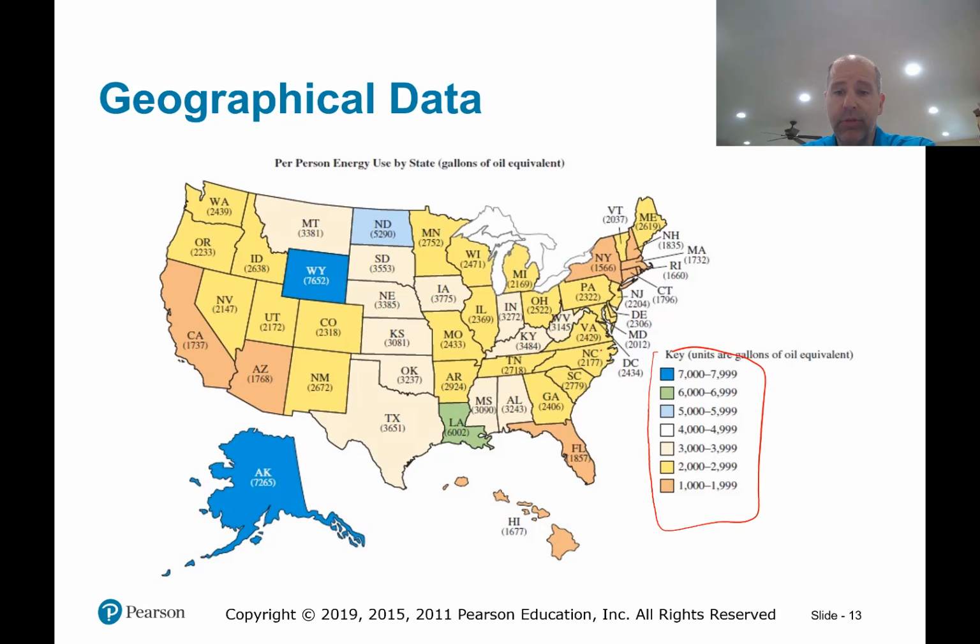These energy use equivalents are in units of gallons of oil. So this would be a way of displaying graphical data that you can look at and see which states use more or less energy than other states. So you can quickly get a comparison. You can see trends across the regions.